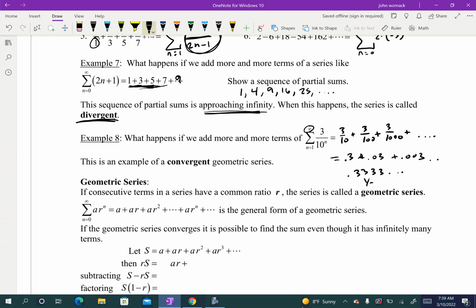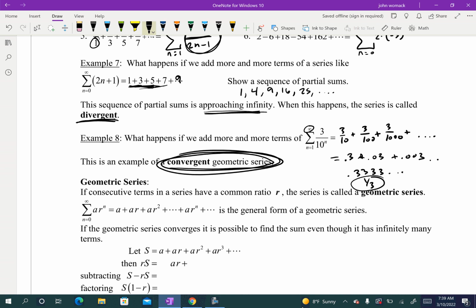To a third, isn't it? So this is hard sometimes for us to visualize or understand. But you can see that as I add up these sums, it's converging on 0.3 repeating, or 1/3. So even though it's an infinite series and we never stop adding numbers, it's converging on a certain number, which is a third. This is what's called a convergent geometric series.